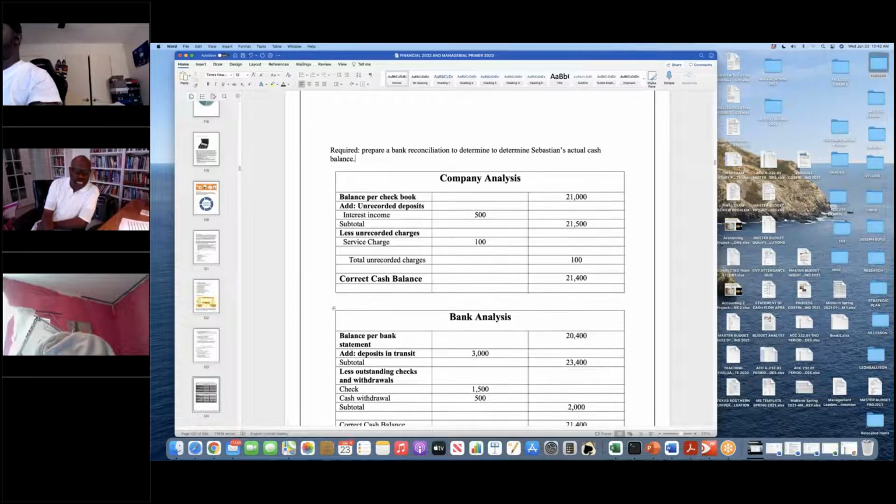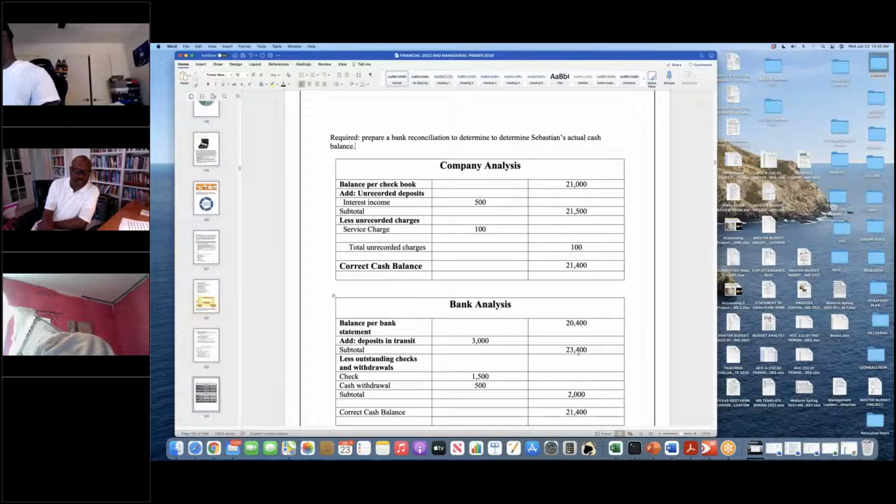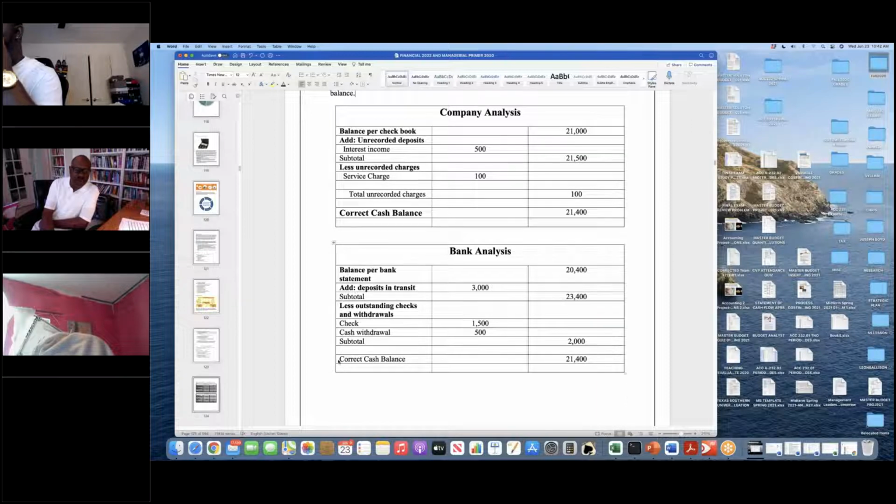The bank did not have the rent check that we wrote, the cash that we took out. All that happened after 12 o'clock. That was 2,000. So when we have the 23,400 and we subtract the 2,000, our correct balance is 21,400. So you can see that we're coming to a correct balance each time of the same amount.